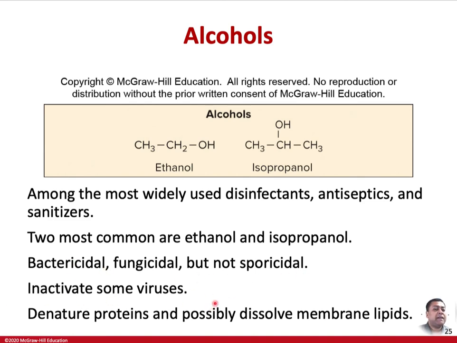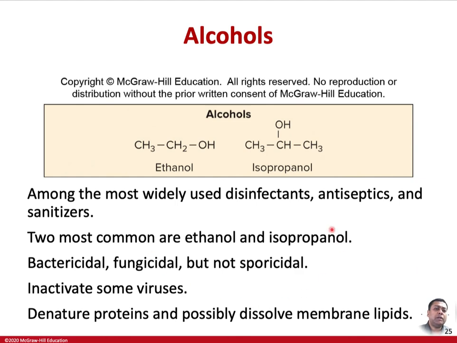They can inactivate some of the viruses as well, particularly the enveloped viruses, having a membrane, which are completely killed by the alcohols, whereas naked viruses, which just have a protein capsid and don't have an envelope, are resistant to these. The process by which they act is that they denature proteins and also possibly dissolve some of the membrane lipids.